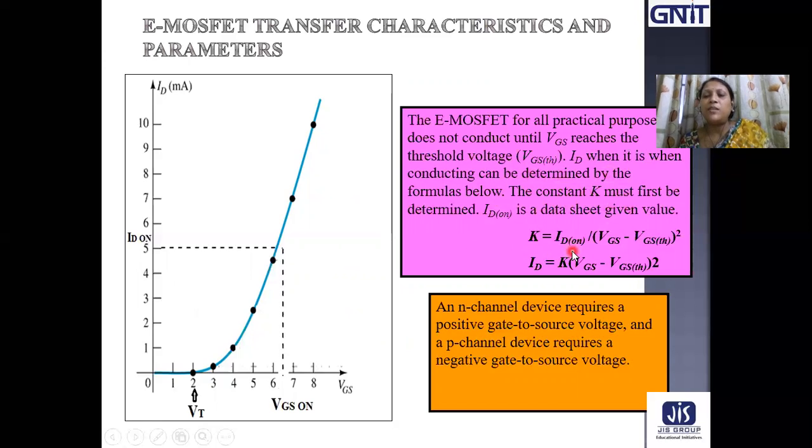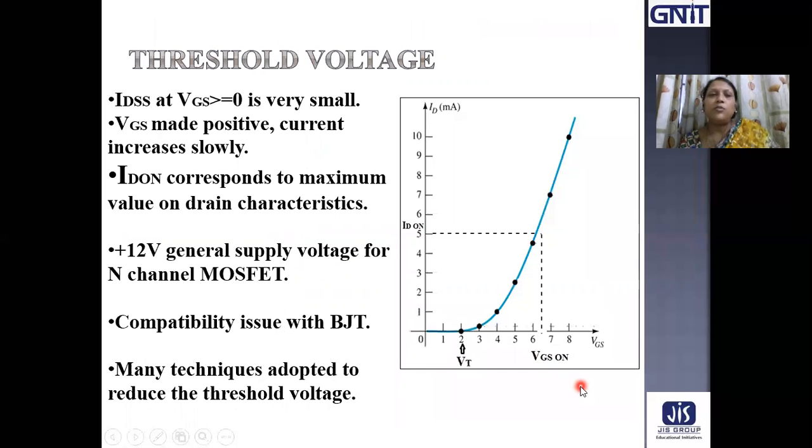The formula is K equals ID(on) by (VGS minus VGS threshold) whole square, or ID equals K into (VGS minus VGS threshold) whole square. K is a constant. An N-channel device requires a positive gate to source voltage and a P-channel device requires a negative gate to source voltage. So what is threshold voltage?